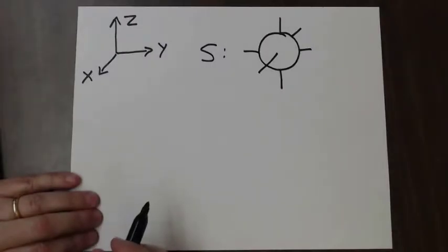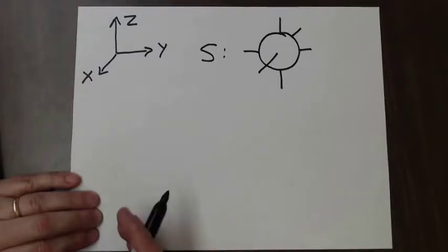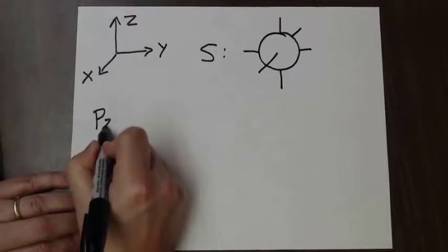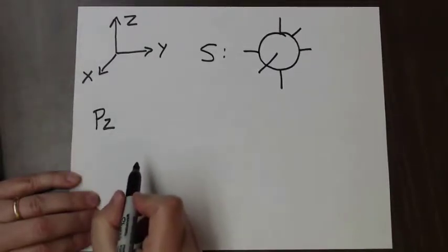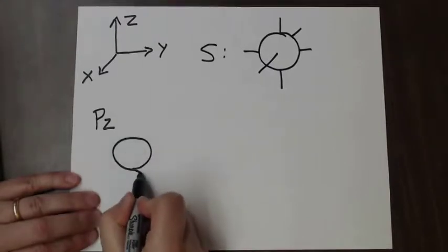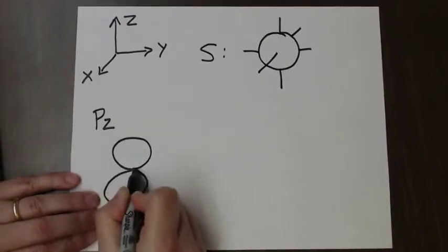There are 3 orbitals in each level with the label p, and these p orbitals lie along the 3 axes. The p sub z orbital is drawn along the z-axis. It looks like a figure 8 or a snowman.